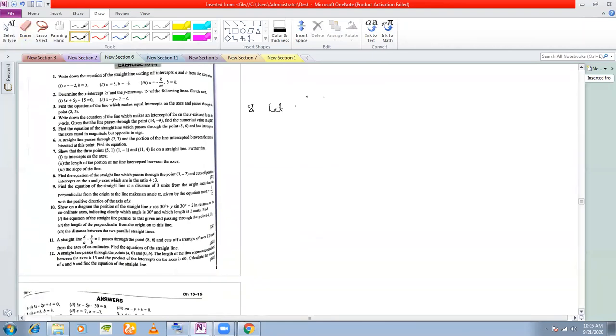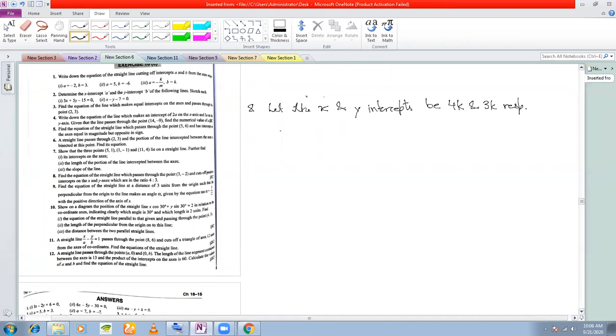Let the x and y intercepts be 4k and 3k respectively. The question is find the equation of the straight line which passes through (3, minus 2) and cuts off positive intercepts.